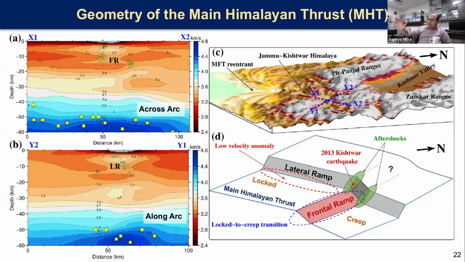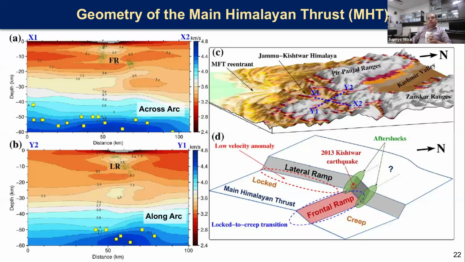As you go towards the west, actually there is a lateral ramp, and that is where you have the low velocity anomaly running in the northeast direction, and the MHT shallows as you go towards the northwest. And where you have the lateral ramp, frontal ramp intersection is where all the earthquakes that you see underneath this region concentrate, which are plotted in green on the panels on your left, which are taken from Himanshu Paul's work.